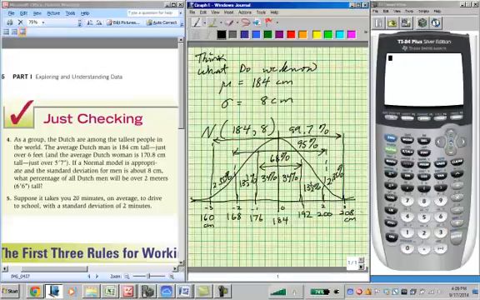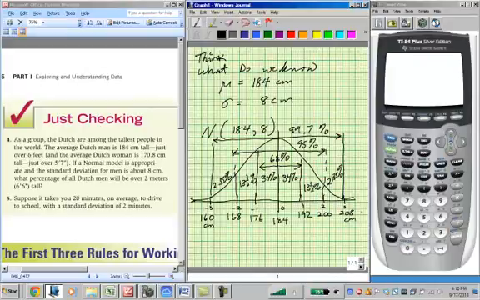We would always say that 99.7% of a normal distribution is approximately between -3 and +3 standard deviations. And we call this the 68-95-99.7 rule. 68% of a normal population is approximately between -1 and +1 standard deviations. 95% is approximately between -2 and +2, or in this case, between 168 and 200 centimeters tall for Dutch men.